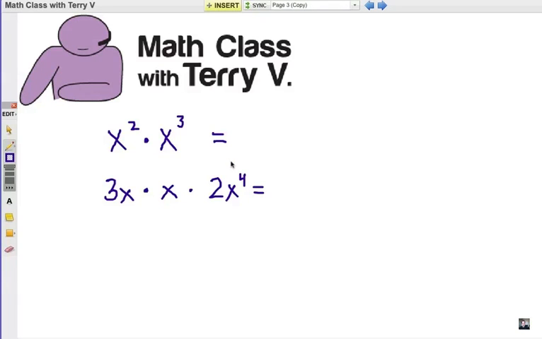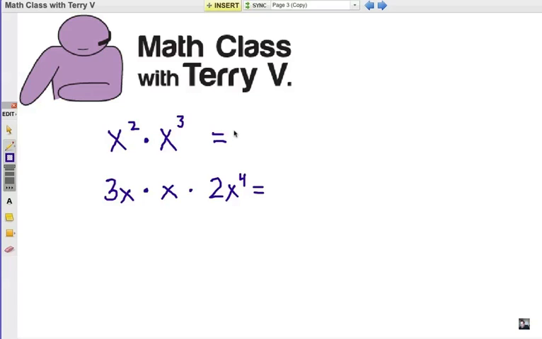All right, let's look at some examples to give you an idea of the general concept of multiplying exponents. Let's say that we have x squared times x to the third, or x to the second power times x to the third power. Notice that most students will have x to the sixth, because you see the multiplication sign and you think that it's 2 times 3. But remember what the exponent really is.